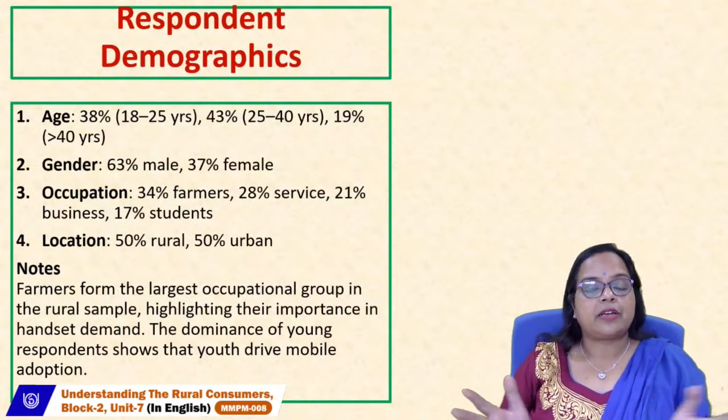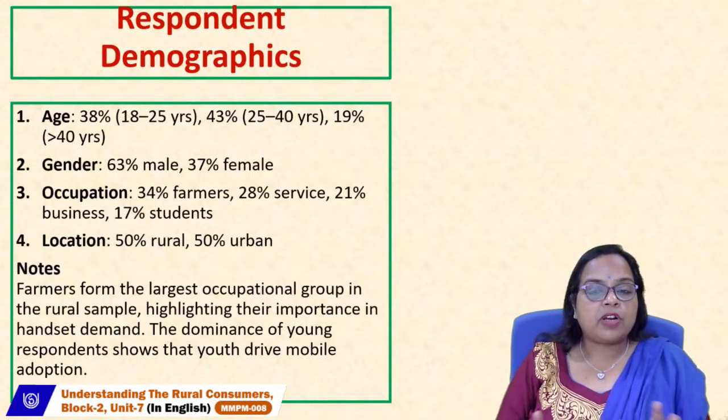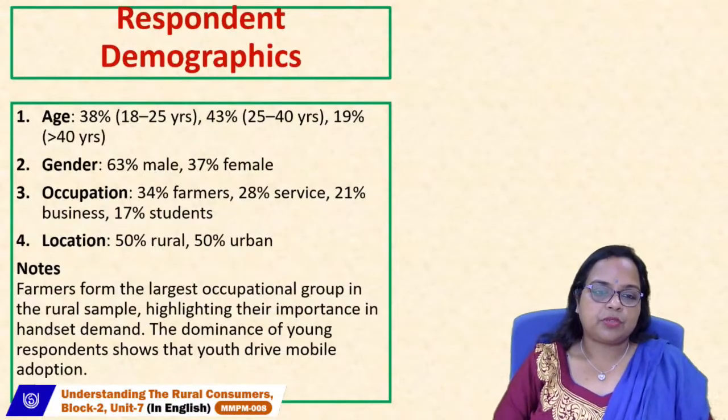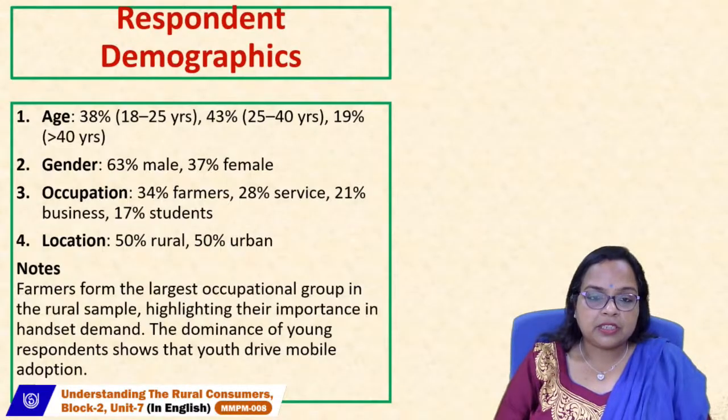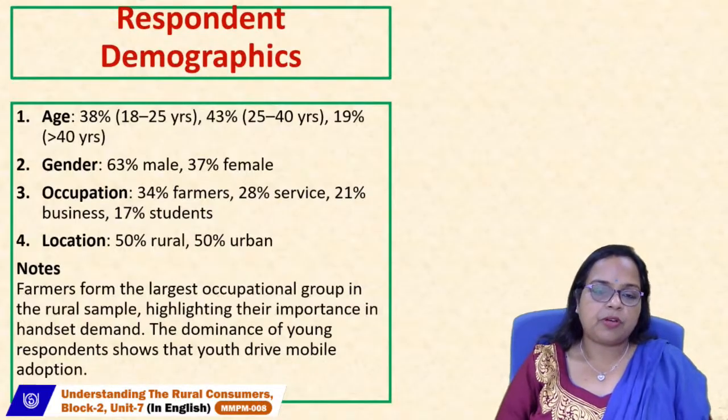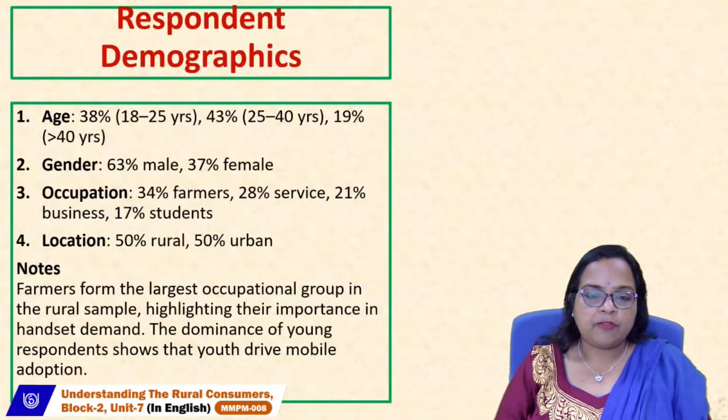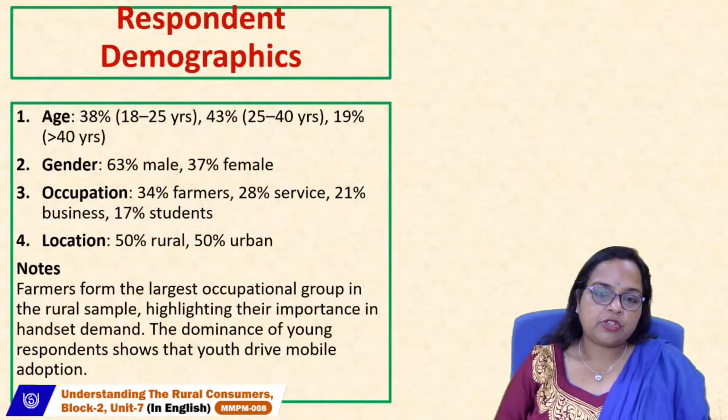This is clear to understand. You have now understood the customer base to whom you are selling a mobile handset. The largest share, 43%, is between 25 and 40 years.